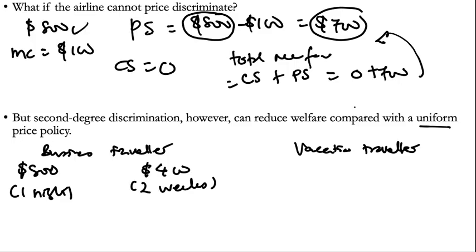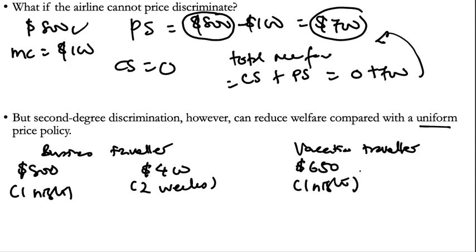And what about the vacation traveler? Now, let's say the vacation traveler says, if you want me to stay one night there, just to have a vacation for one night, then the highest price that I'm willing to pay is 650. So suddenly he changed his mind.